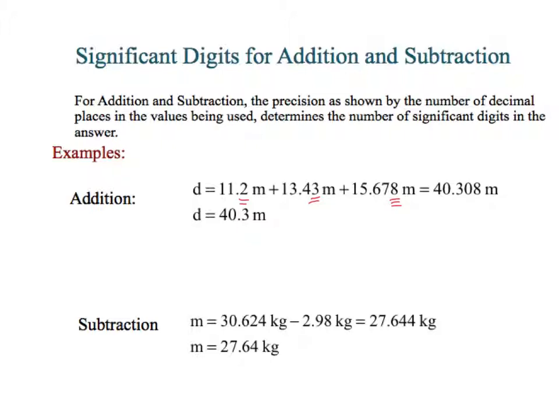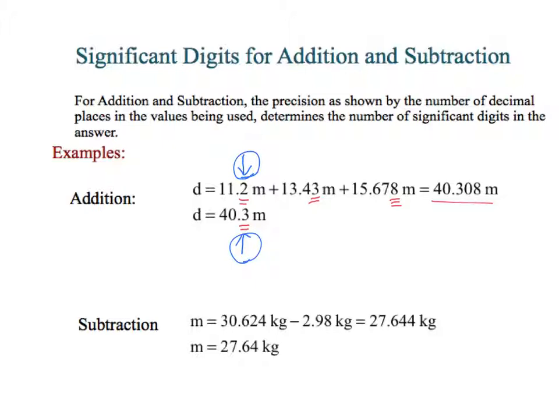So the least precise measurement is this 11.2 because it only has 1 decimal place, so our answer has to have the same amount of precision, and we round our answer of 40.308 to 40.3 just because these both have a precision to the 10th.